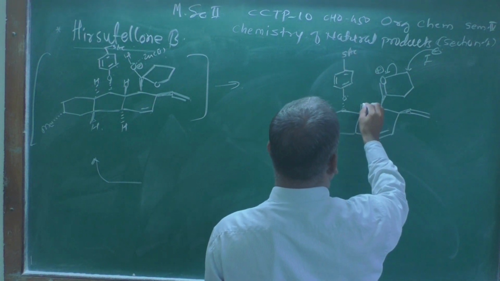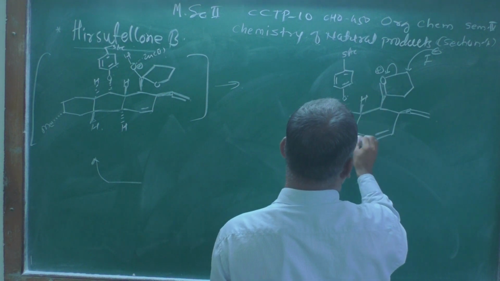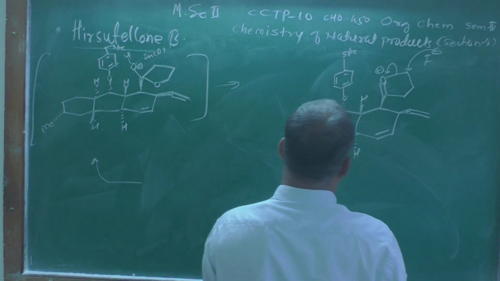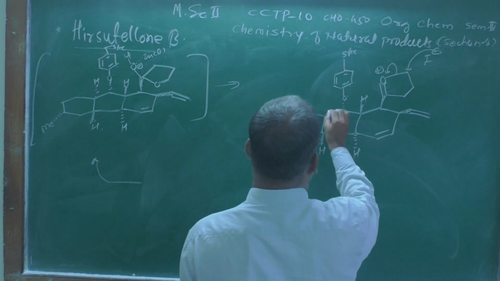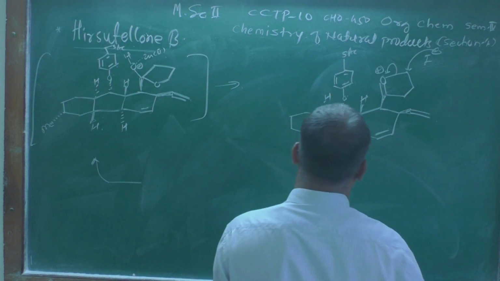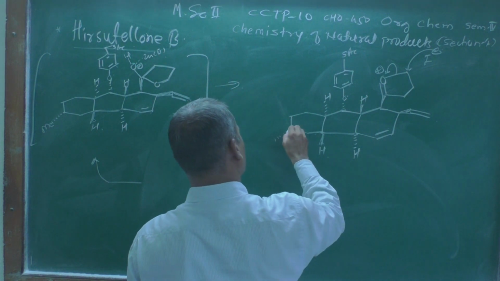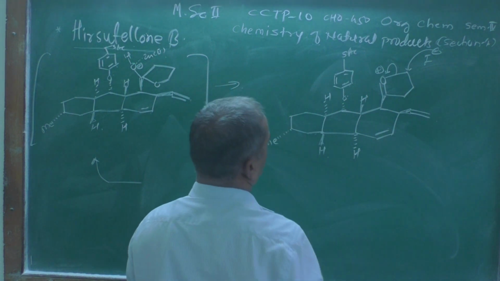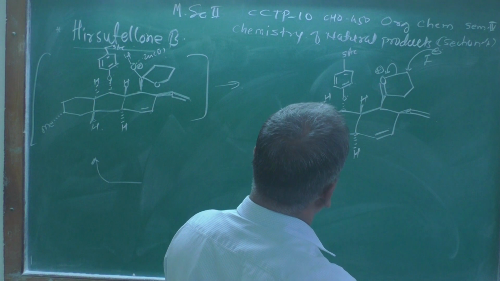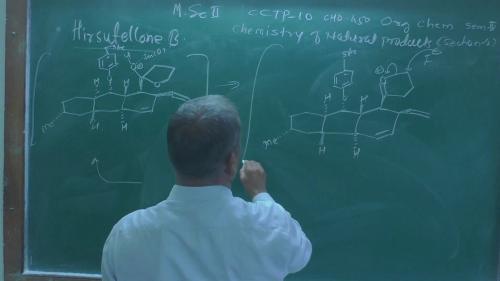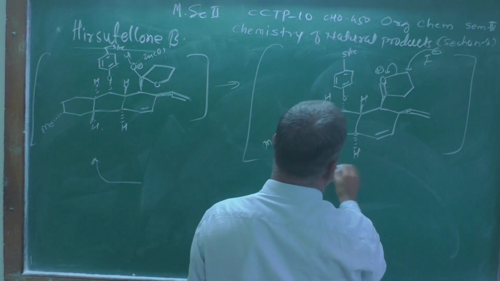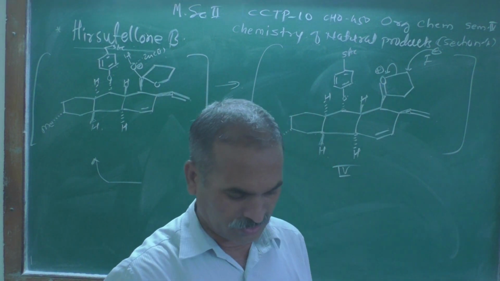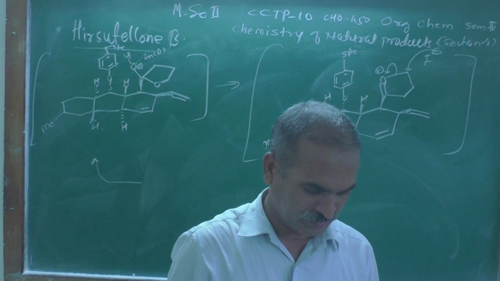Then this is a hydrogen atom which is above the plane, this is a hydrogen atom which is below the plane. Here the hydrogen atom above the plane, and this hydrogen should be below the plane. Here the methyl group goes below the plane, and this structure is just shown as a mechanism, and this structure also we can call by the Roman numeral 4.